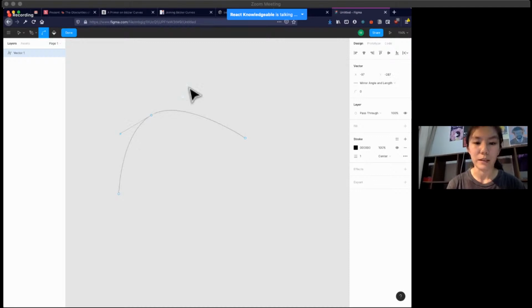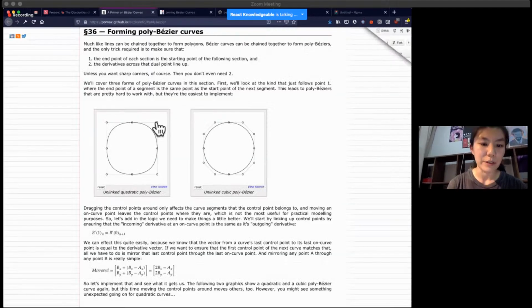And then it should be apparent to you that if this and this have to be equal, and this and this have to be equal, and so on, that means if you move one curve, your whole curve is changing, right?